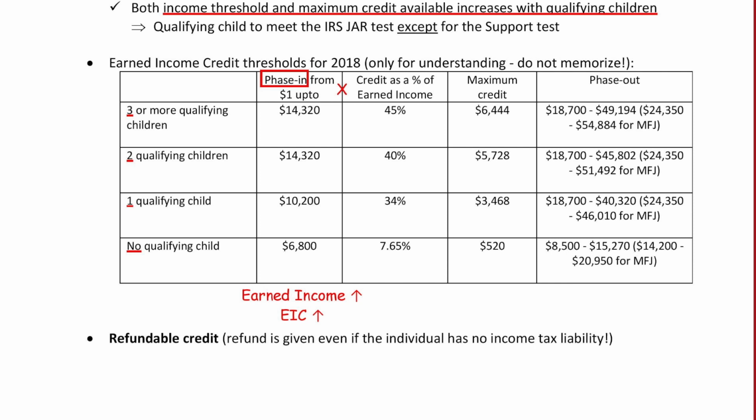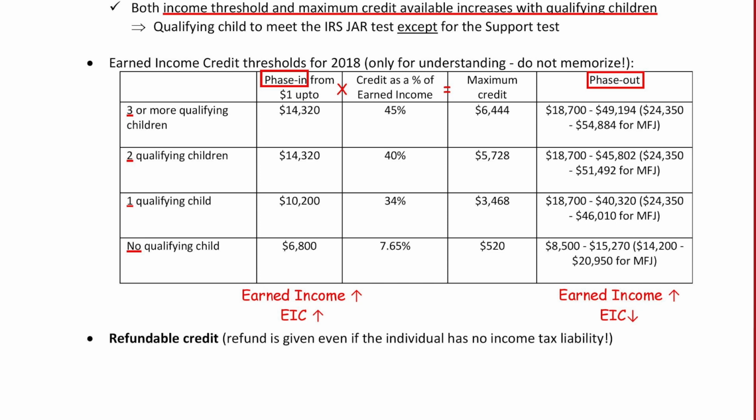So the phase in dollars multiplied by credit as a percentage of earned income, right, equals the maximum credit. The last column talks about, put a box around phase out, where, right, as earned income increases, the EIC decreases.